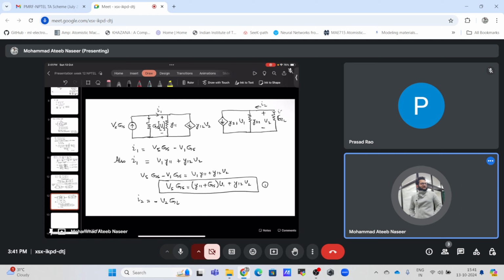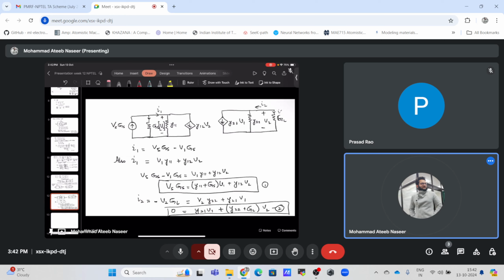So minus V2 GL is equal to I2, which is also equal to V2 times Y22 plus Y21 times V1. If I equate these two, I could say that 0 is simply equal to Y21 V1 plus Y22 plus GL times V2. So this is our equation 2.